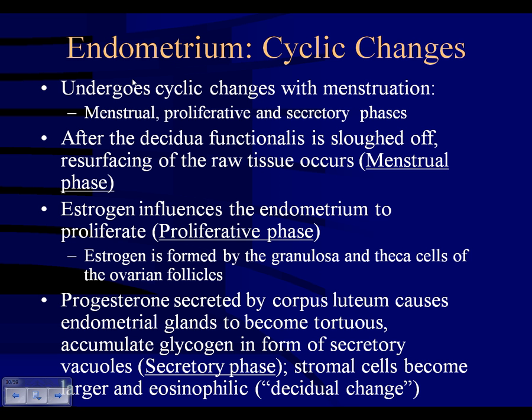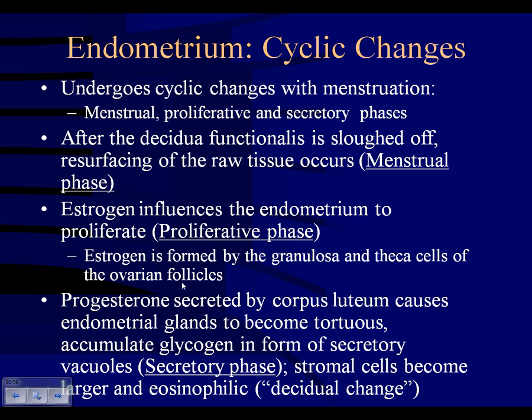After the decidua is sloughed off, you get resurfacing of that raw tissue, estrogen, and then progesterone. The estrogen and progesterone are basically made by the ovary. Estrogen is made by granulosa and thecal cells, which we're going to get into in a little bit here.